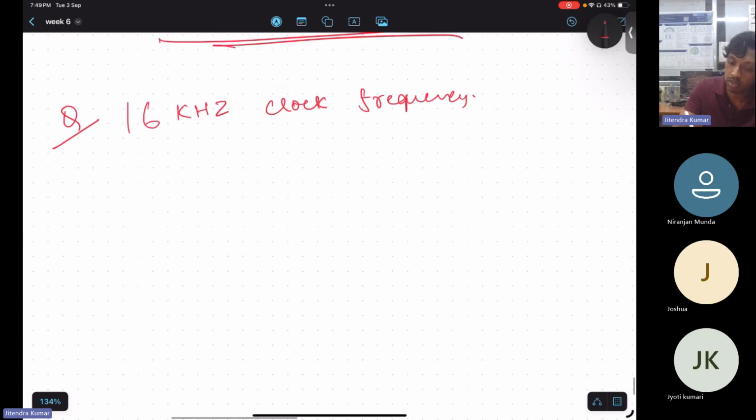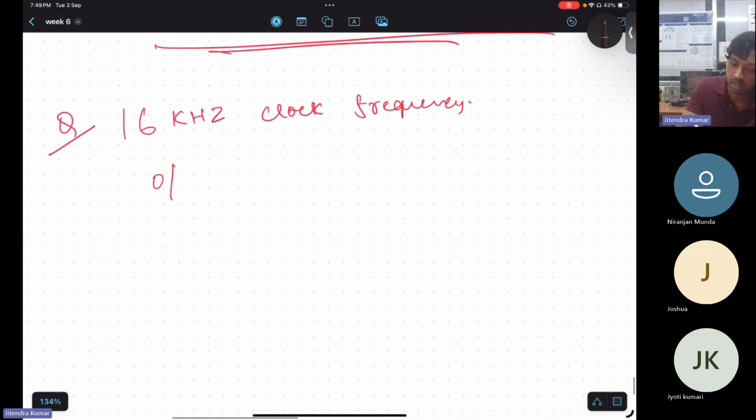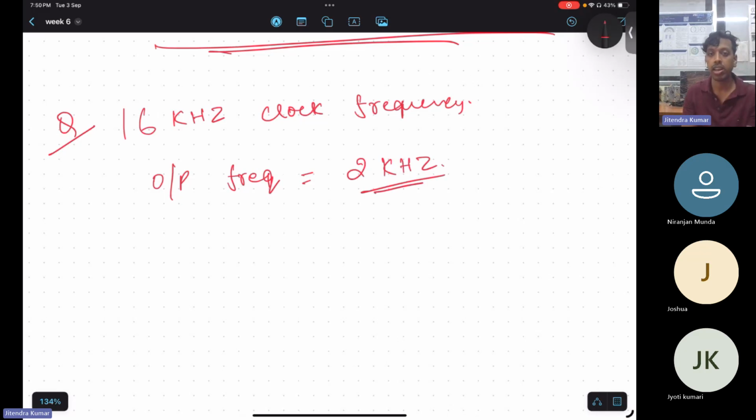So this is the clock frequency and the output frequency required is 2 kilohertz. In the question it is asked how many T flip-flops are required using a binary ripple counter.